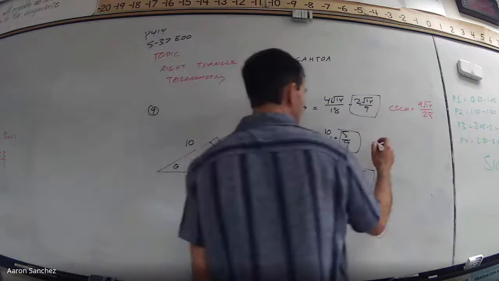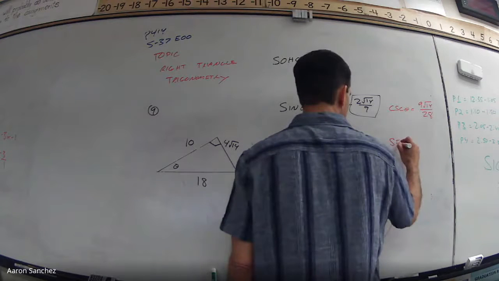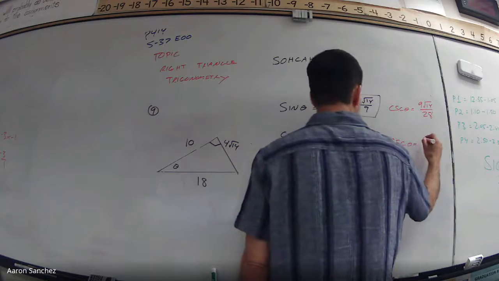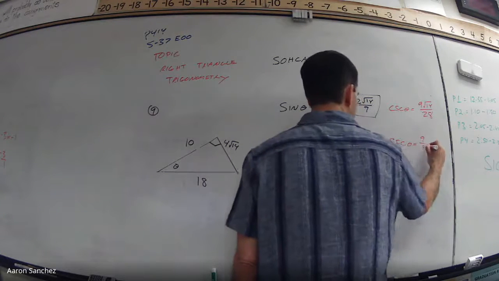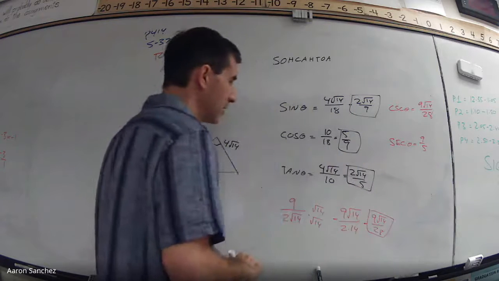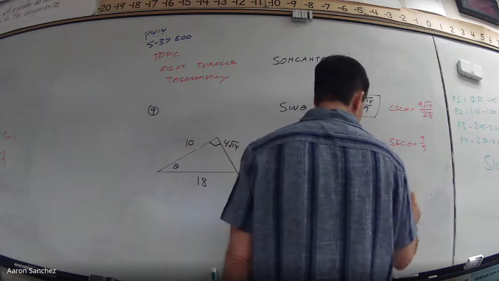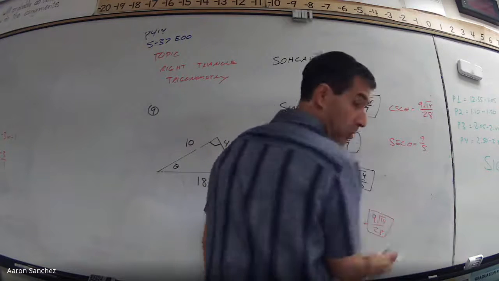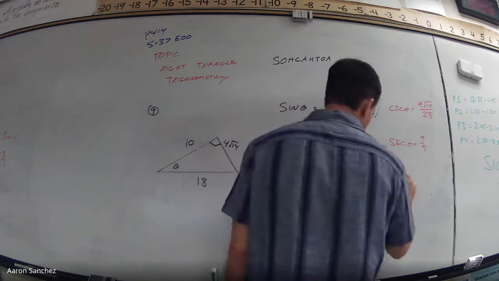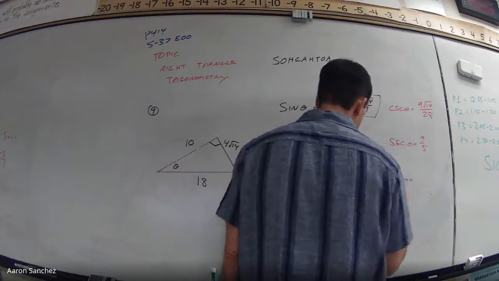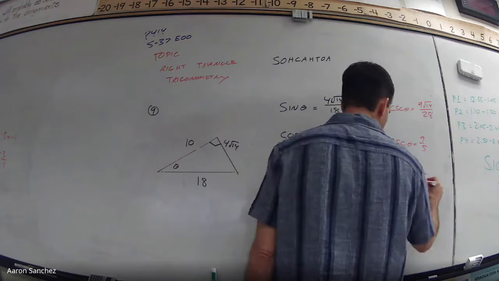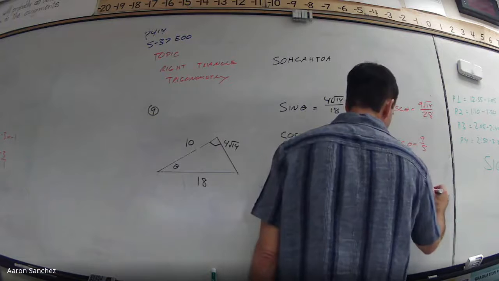Now, secant is the reciprocal of cosine. Secant of theta is 9 over 5. Just flip that. That's easy. Now, look what happens here with tan of theta. Cotan of theta is equal to 5 over 2 root 14.